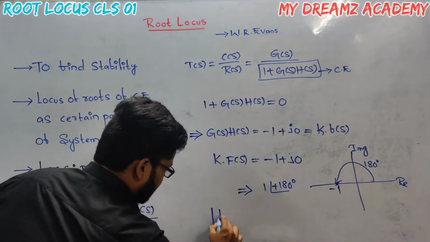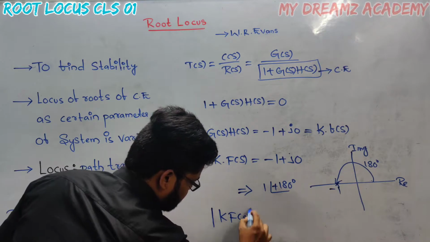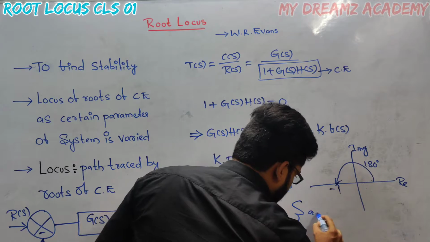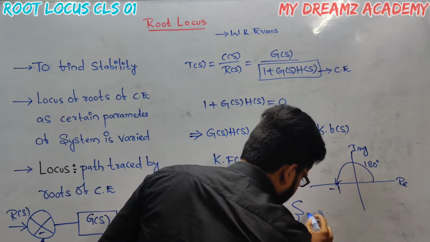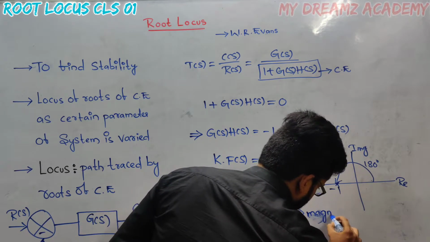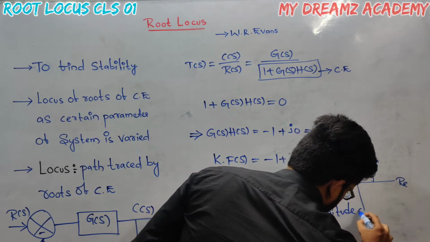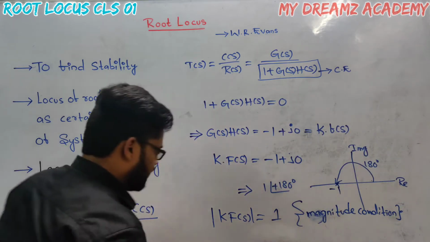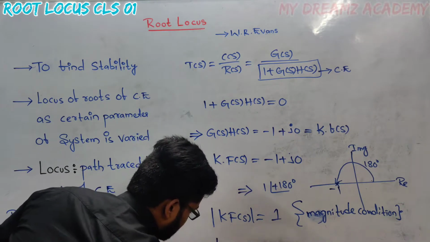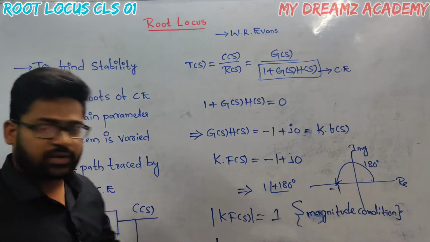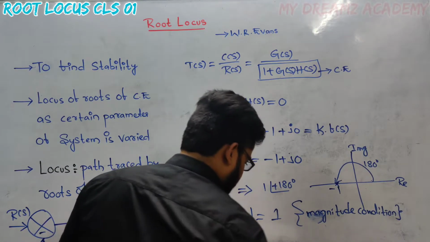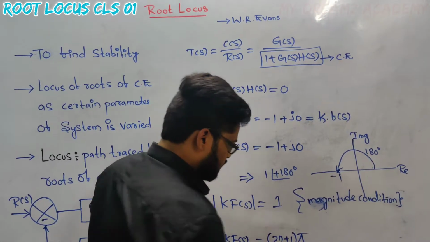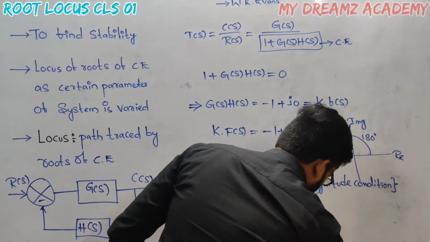So the magnitude of K F of S is equal to 1, and we call this the magnitude condition. Next, the angle of K F of S is equal to (2n plus 1) into pi. This we call the angle condition.